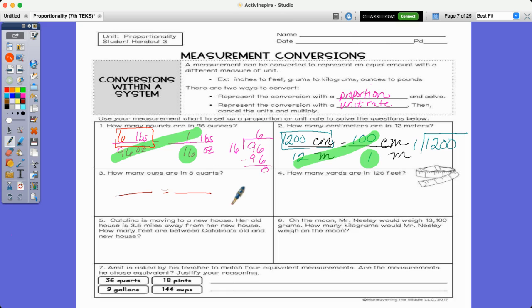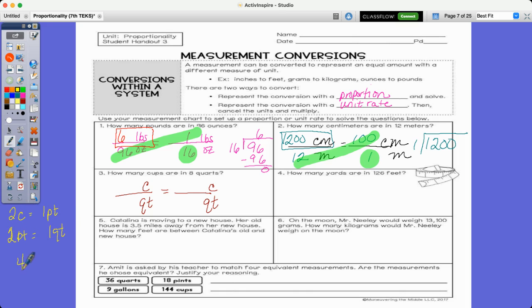Okay, next problem says, how many cups are in 8 quarts? So I have cups and quarts, cups and quarts. I know that there are 2 cups in 1 pint, and there are 2 pints in 1 quart.